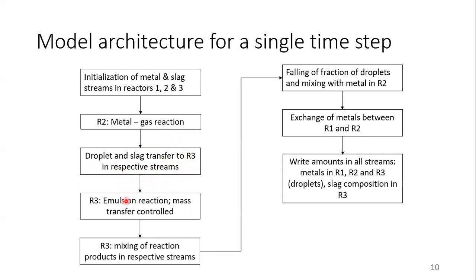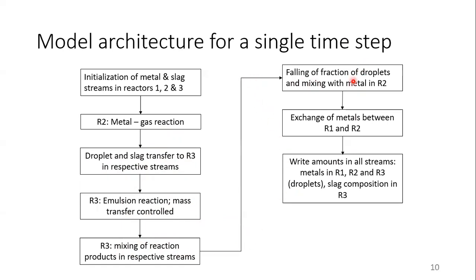And then in R3, you have emulsion reactions, which are essentially between metal droplet and the slag, and are mass transfer controlled. After these reactions have completed, there is mixing of product within R3 itself, because the reacted slag and reacted metal have to get mixed with the slag and the droplet respectively.